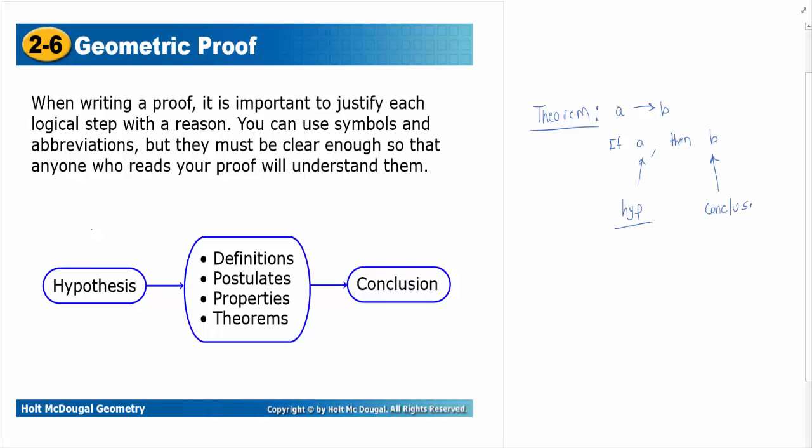So when you write a proof, what we're going to have here is our hypothesis. This is going to be our given statement or statements, and the conclusion is going to be our proof statement.